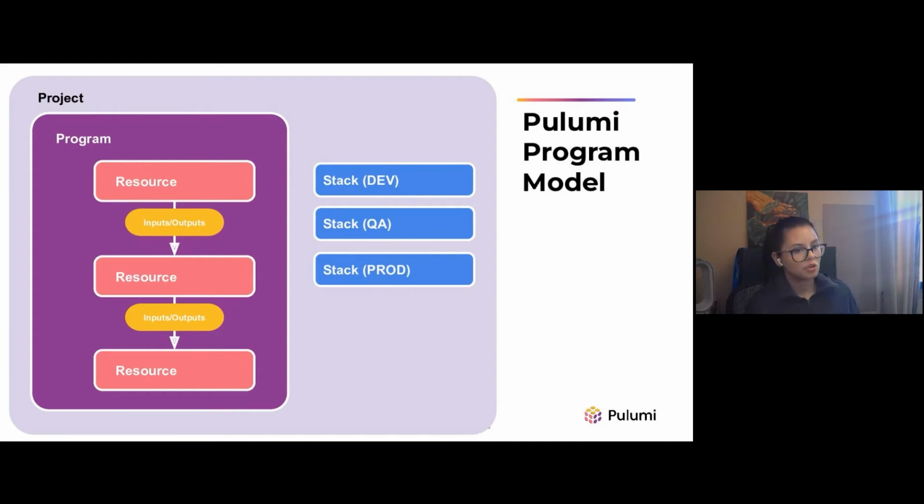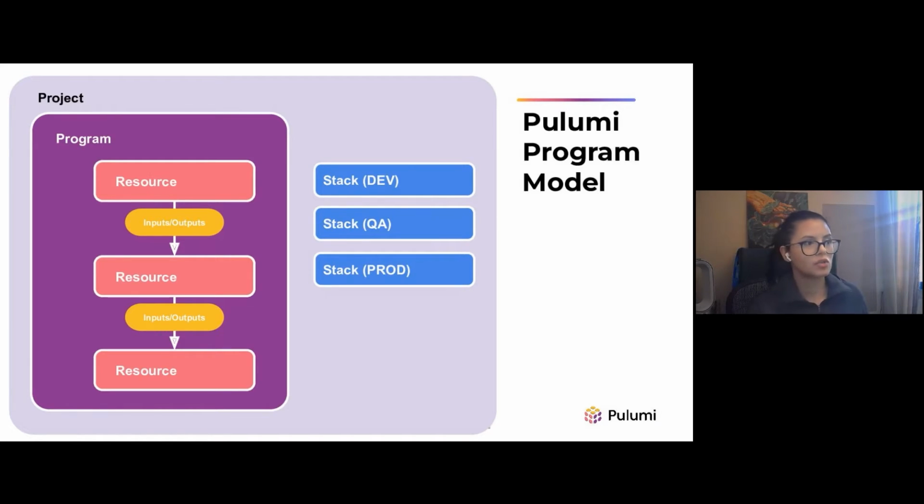What this means is that Pulumi is declarative. It means you define what you want, and behind the scenes, Pulumi is responsible for instantiating those resources that you have specified. You can also see in this diagram that you have the concept of inputs and outputs. So you could think of inputs as arguments for an object, and the outputs, the properties that you can access for that given object.